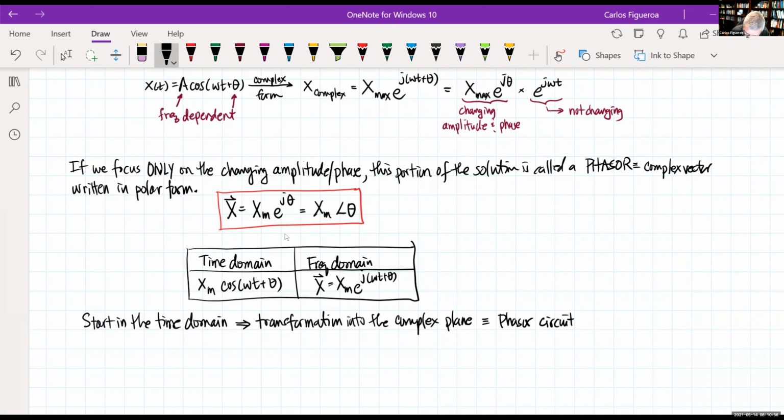So then what we do from here is we solve the circuit problem.